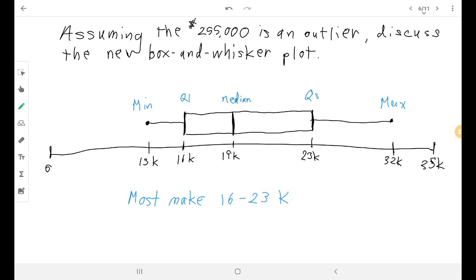And so if you were looking at this one, you might look at it and go, okay, well, this tells me much more realistically what I could expect to earn at this position.